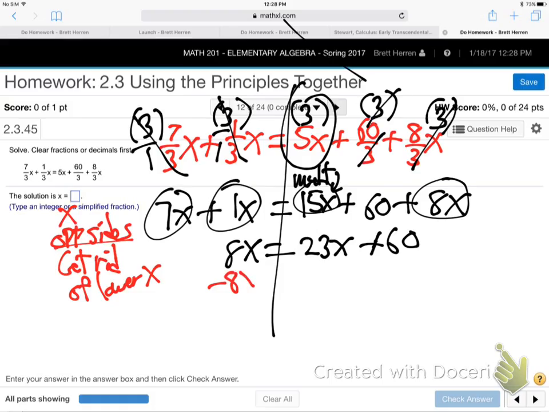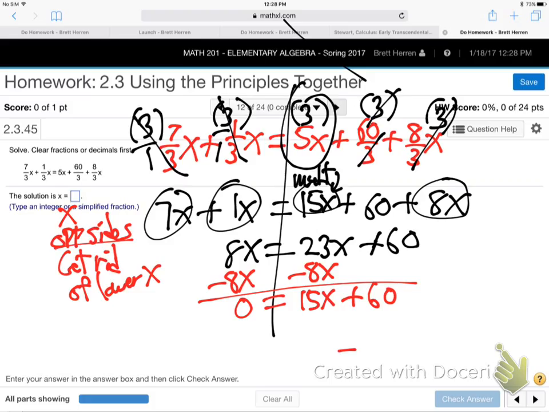So I'm going to subtract it. Now, it would actually be easier to subtract the 23x in this case. It doesn't matter which one you get rid of. You just get rid of one of them. I say lower one, because generally that'll be easier, but not always. In this case, it's not the easier way, because that'll make 0, huh? What is that, 15x? It's okay to get 0, just keep right on moving.